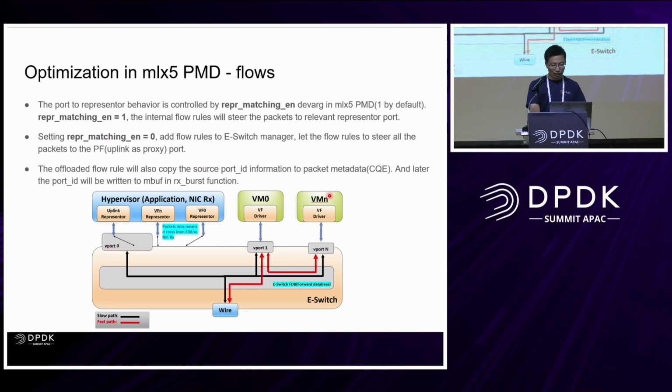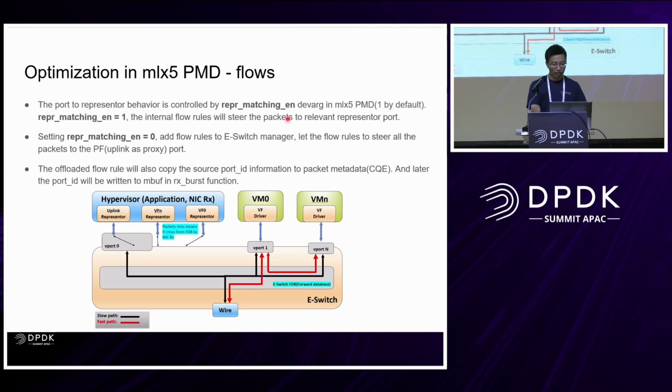Like we showed in the first slide, by default, a packet missed from VM X will miss to VF representor X. In fact, this is controlled by a devarg called representor matching, which is enabled by default and set to 1.